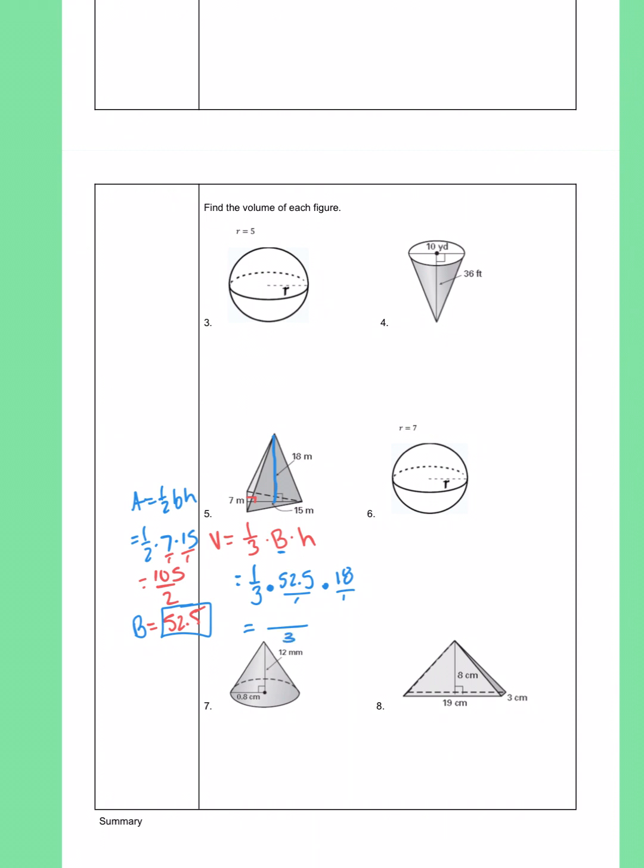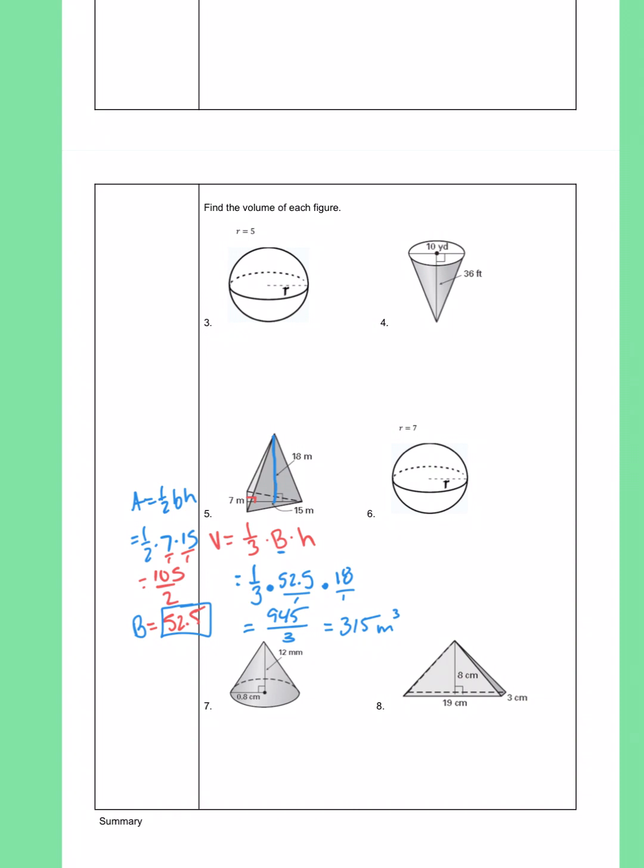And then for my numerator, I'm going to multiply 1 times 52.5 times 18. 52.5 times 18 is 945. And then I can do that division, divide by 3. Get 315 meters cubed, because again, volume is in cubic units.